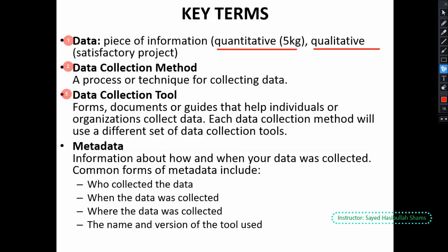As I have mentioned, we can use every data collection method in a different manner, in different places, for different purposes. Therefore, every data collection tool is used for the relevant data collection method.